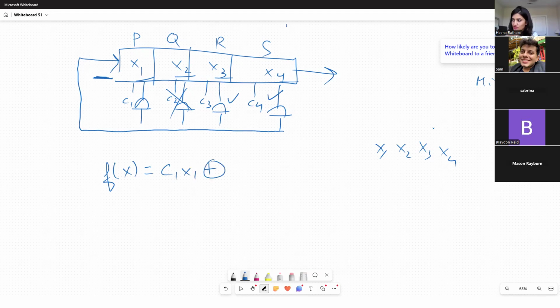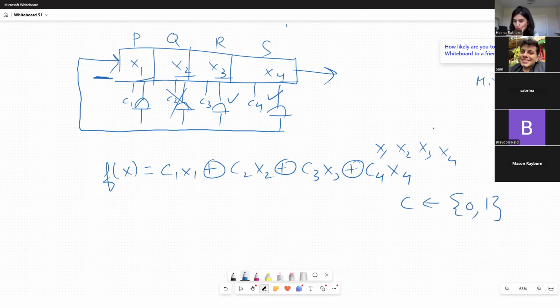That is the reason we have C1 x1, C2 x2, XOR C3 x3, XOR C4 x4. This C coefficient could be either 0 or 1. In our case, C3 and C4 are 1 and 1.